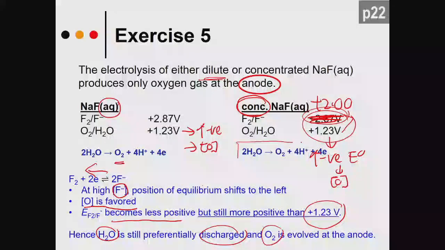So this is the equation. In summary, take note, the concentration factor only comes into effect if the E naught values of the two species are very close. If they are very far apart, you don't have to consider the concentration factor.